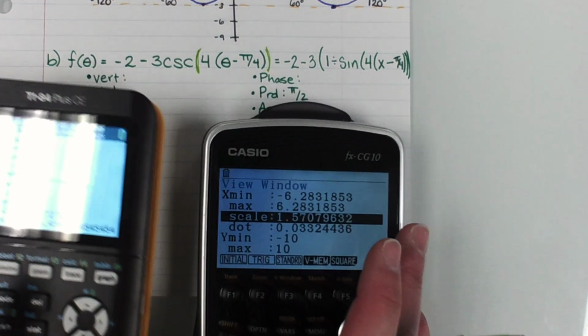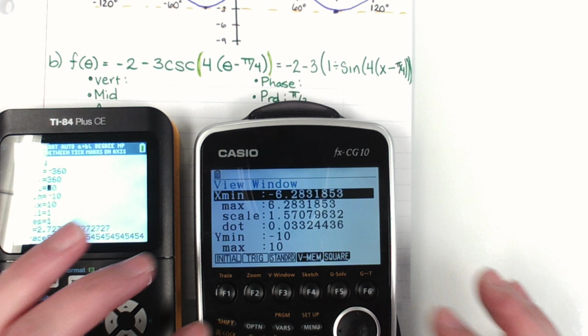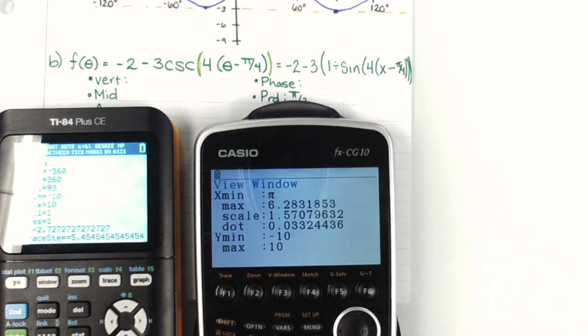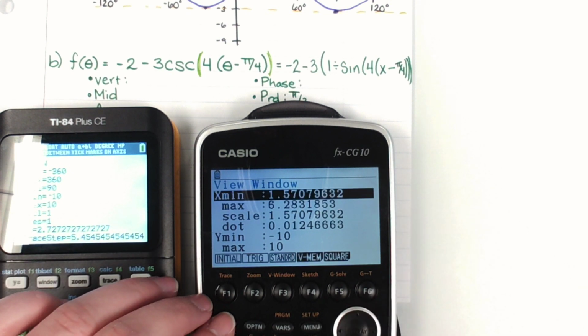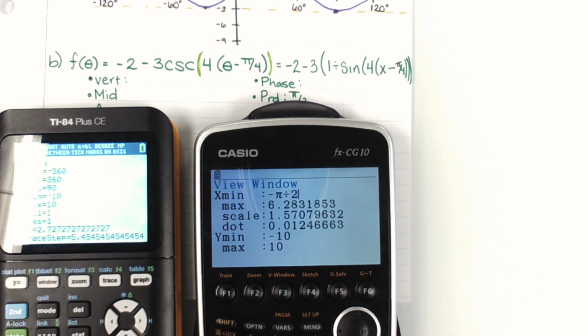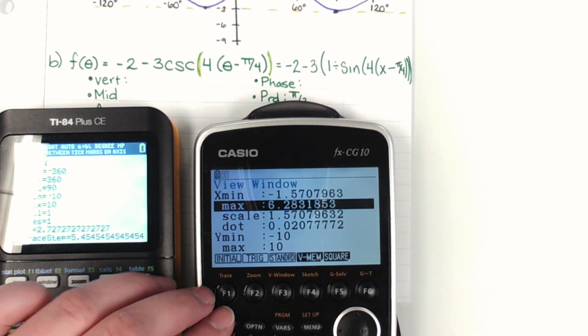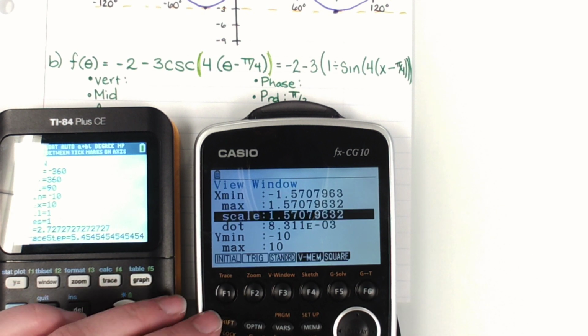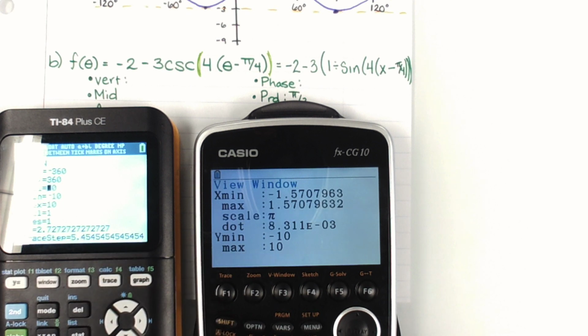If I then want to change my window, I can. Do I have to? No. But I can do that now. Negative pi over 2 to pi over 2. So now I see the graph a little more closely to what I would. And the scale would then be pi over 2 divided by 4, pi over 8. Or I can just do pi divided by 2 divided by 4, by the way.